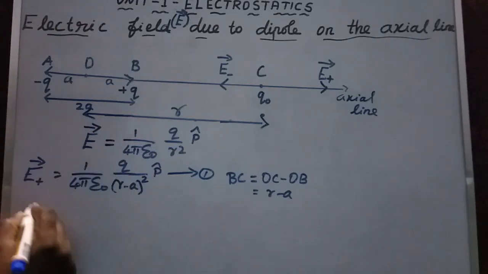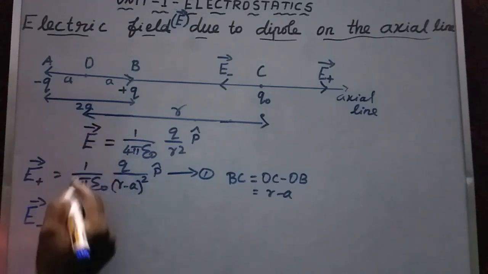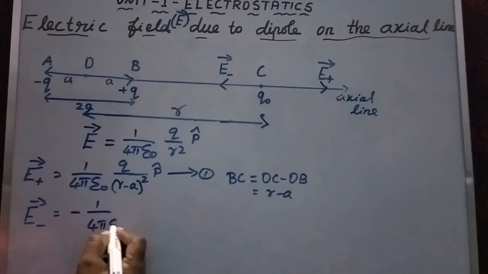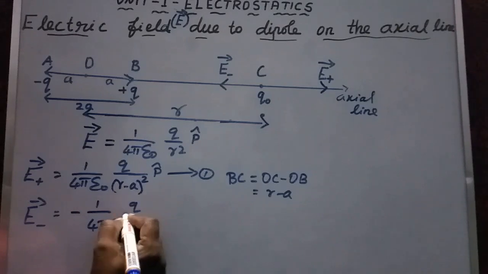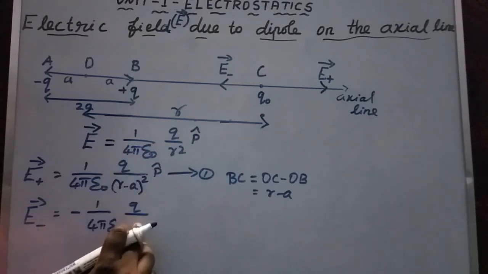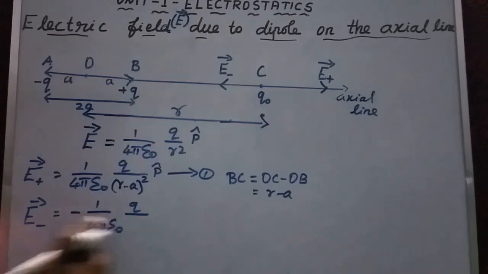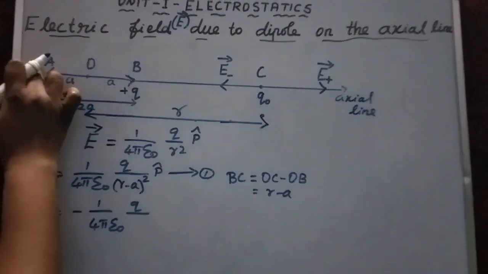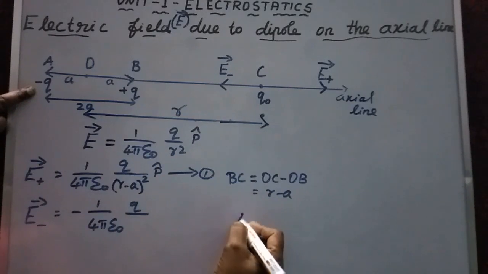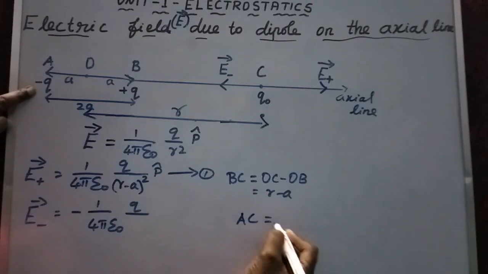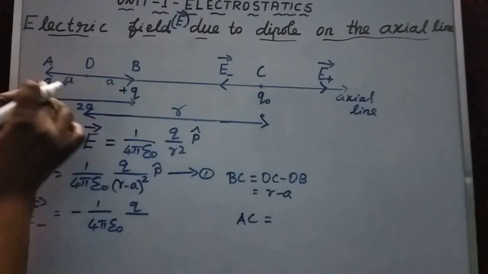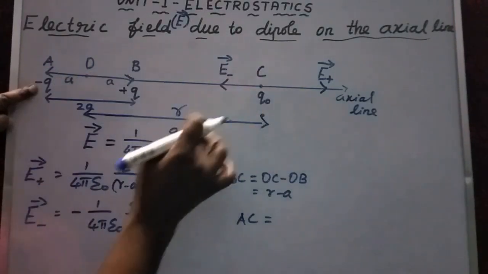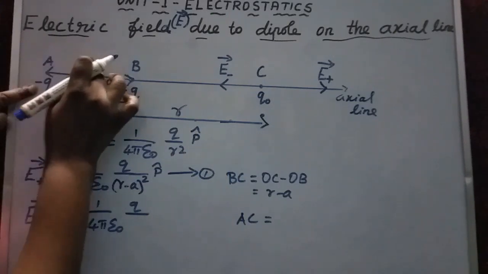Now E minus vector is equal to the same, minus 1 by 4 pi epsilon 0 Q by, instead of this r, here r is the distance between minus Q and C, that is we need the distance AC. How will we get the distance AC? We know the distance between O and C is r and A and O is a.